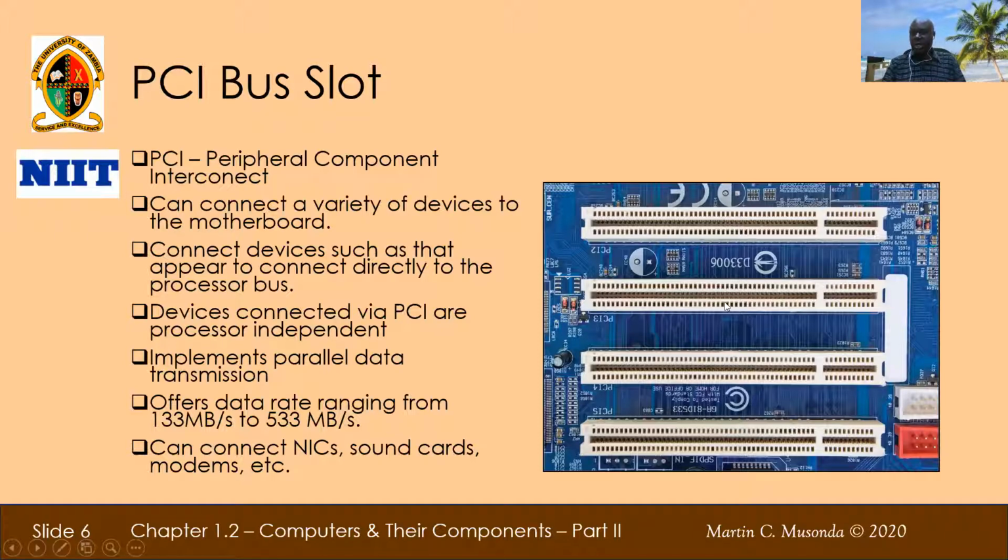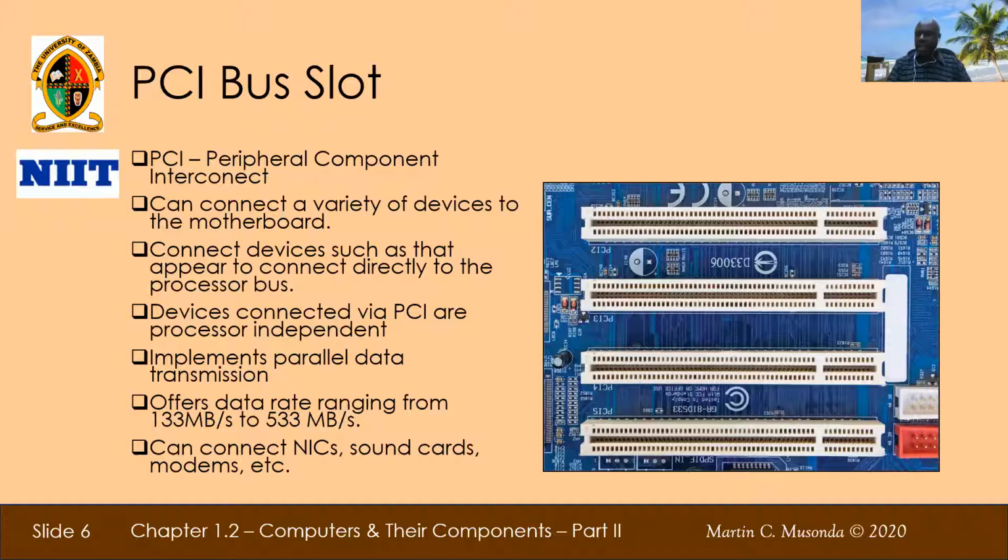The data transmission mode used in PCI is parallel data transmission. Data is transmitted in parallel. These PCI buses offer data rates ranging from about 133 megabytes per second to about 533 megabytes per second.